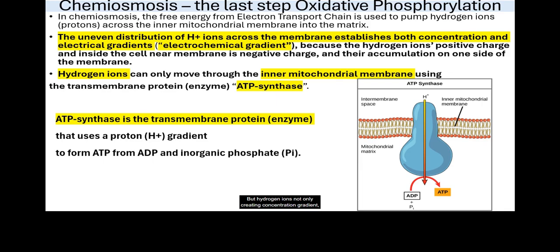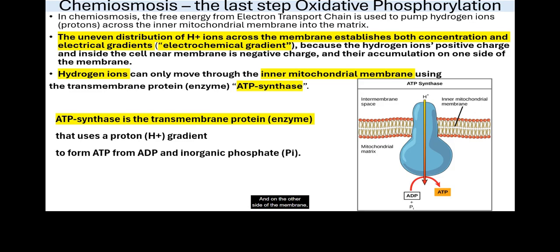ADP. But hydrogen ions are not only creating a concentration gradient, they are also creating an electrical gradient. Electrical gradient means that on different sides of the membrane we have a lot of one type of ion, in our case hydrogen ions, which are positively charged.